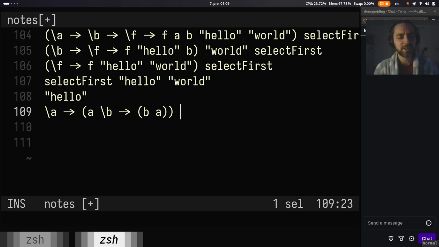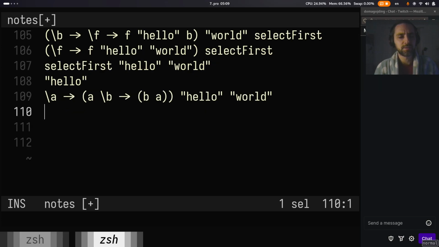Let's do actually here, hello world. So we substitute the A with hello, and we get hello, right? And then BA. No, what am I doing? We have a lambda B, BA. Like this.